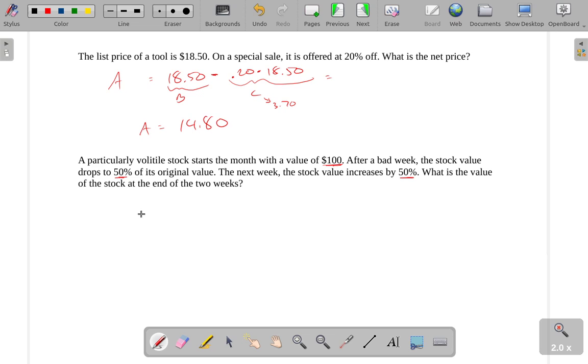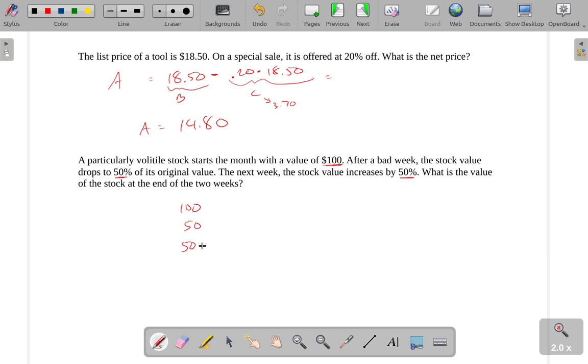To examine this, let's see what happens. At the beginning of the month, we have $100. After the first week, it drops to 50% of its original value, so we're down to $50. The next week, the stock increases by 50%, but it's not 50% of $100, it's 50% of $50.